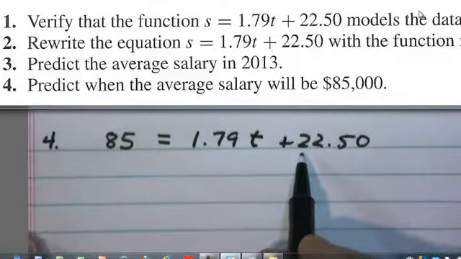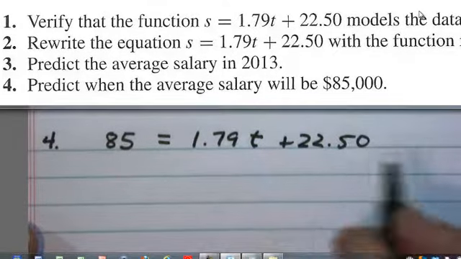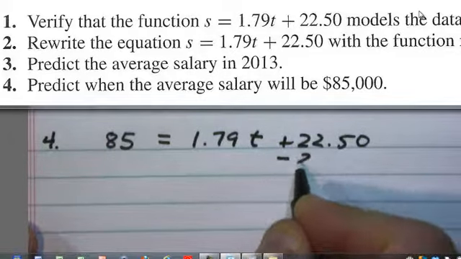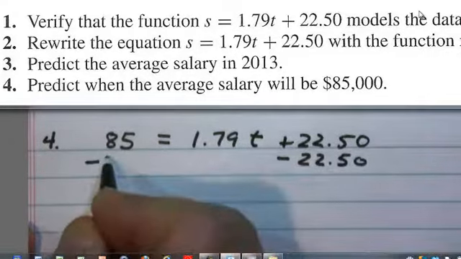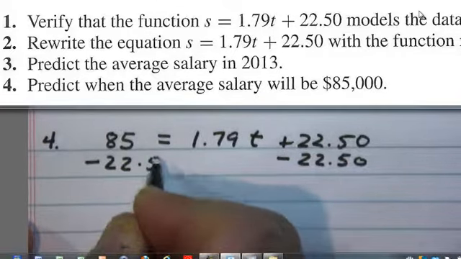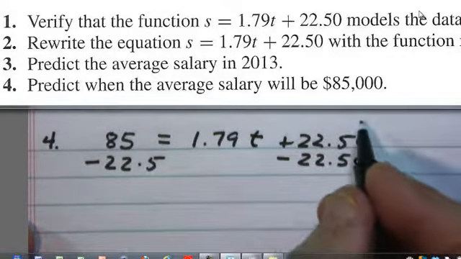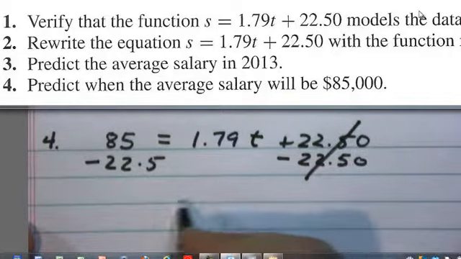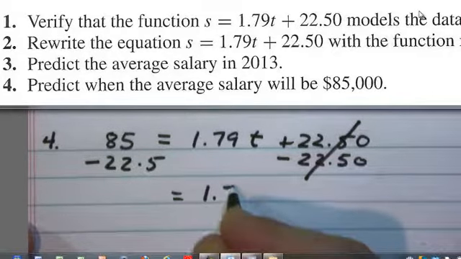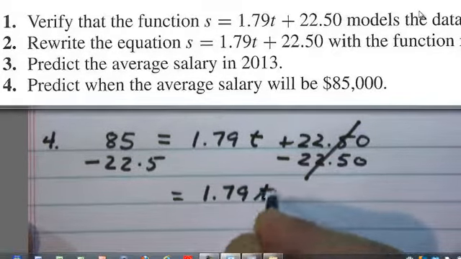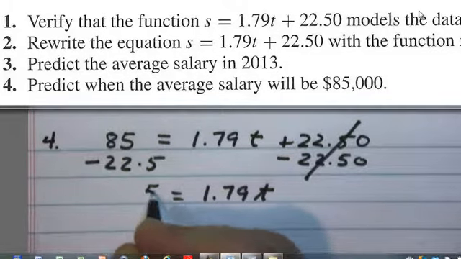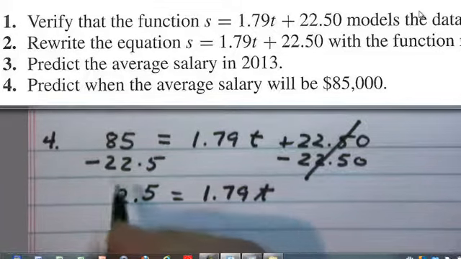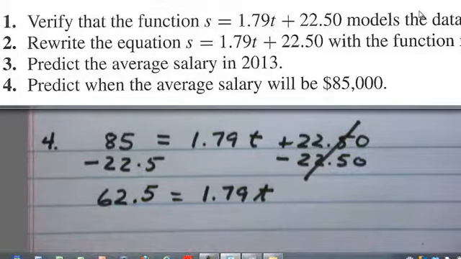So I would need to get rid of this and this. To get rid of this, I do the opposite, which is subtract. Technically, it's the inverse operation. And the inverse operation makes it add up to be 0. So it would have 1.79t is equal to this, which would be, let's see, 62.5.